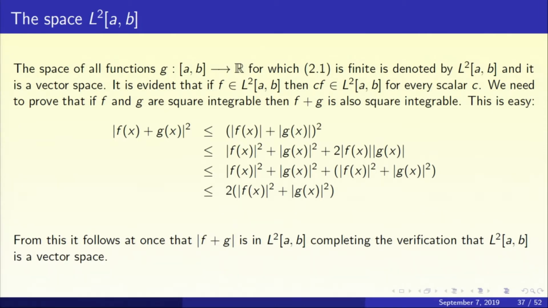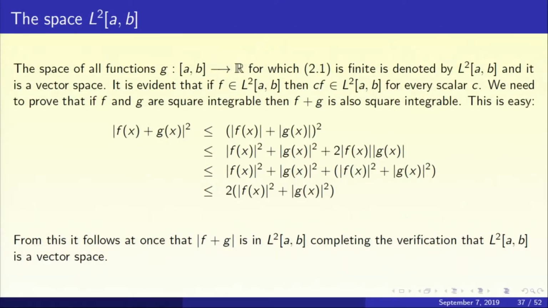How do you check it's a vector space? It should be closed under addition and multiplication by scalars. That it is closed under multiplication by scalars is quite evident, because if f is in L2, then c times f is also in L2. Namely, if f has finite norm, then c times f will also have finite norm. That part is pretty clear.